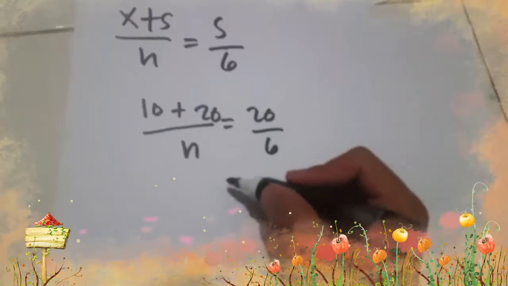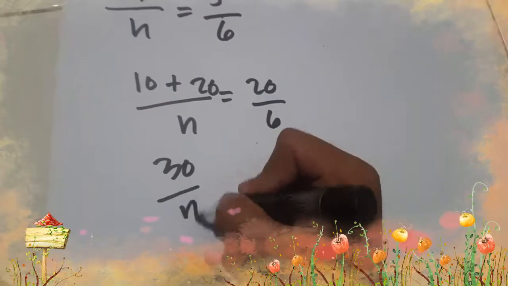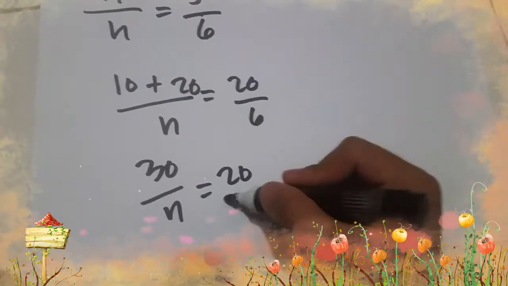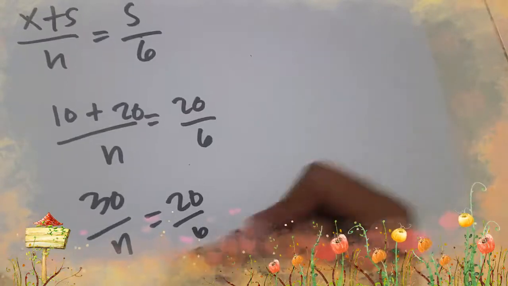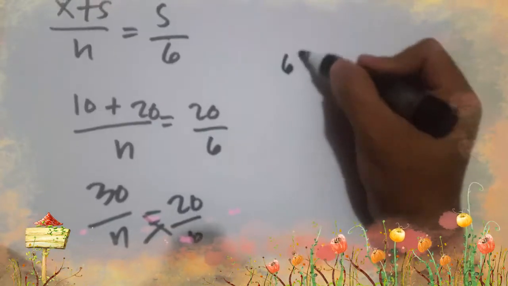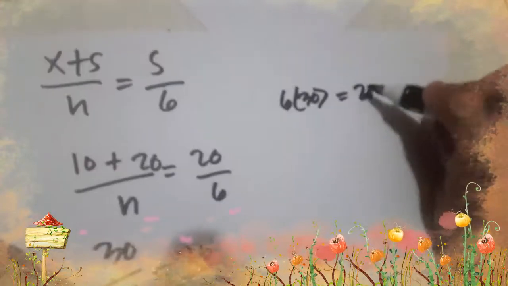And add the 10 and 20, it is equal to 30 over h. This is equal to 20 over 6. Cross multiply. 6 times 30 is equal to 20h.